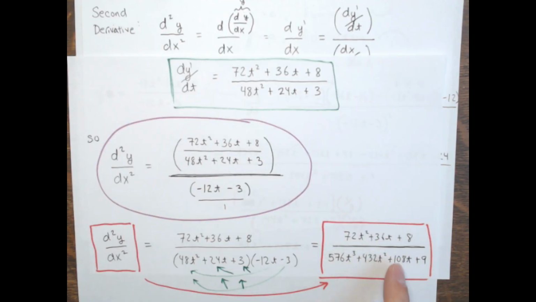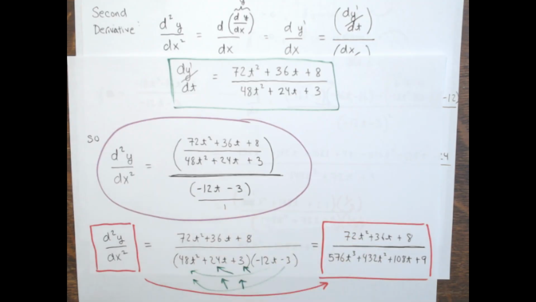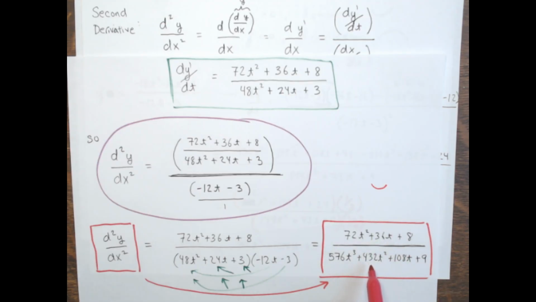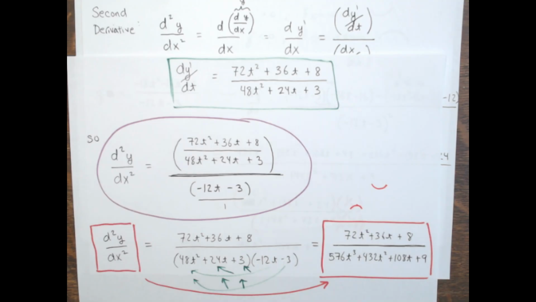Once you plug it in here, if it's positive, it'll be on part of a curve that's concave up. If you plug in a value of t and this ends up being negative, you'll be at a point where you're concave down. And if this ends up being 0 or undefined, it may be at a point of inflection, but that's not guaranteed.